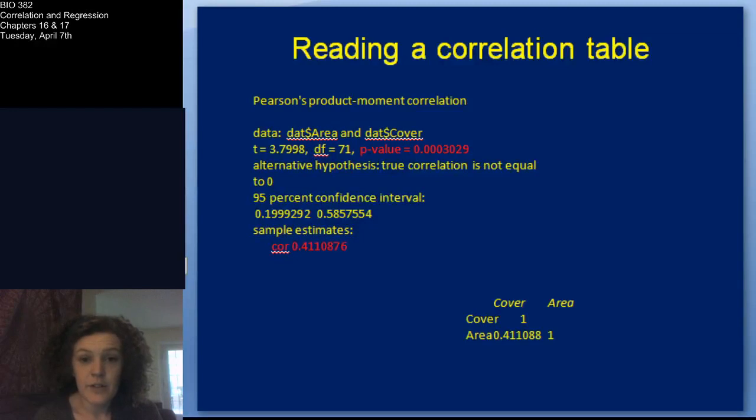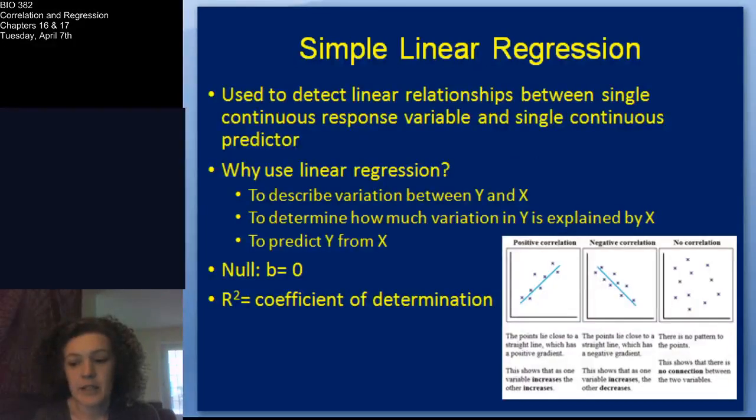A correlation is a measure of association between variables. Your R value gives you an indicator of the strength of that association, and it's expected to be linear if you're doing a Pearson's correlation. But let's move on to simple linear regression.